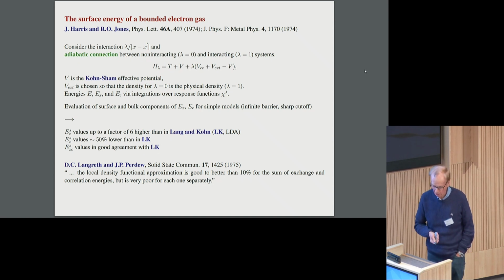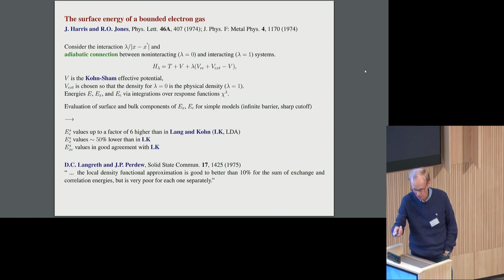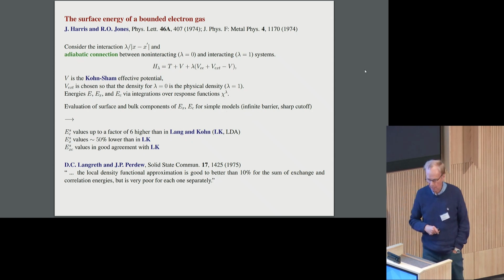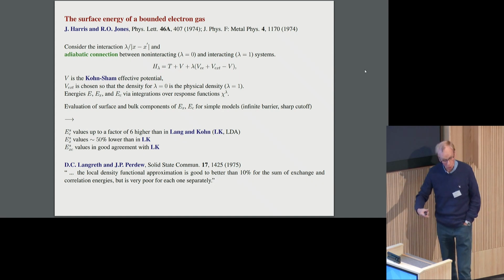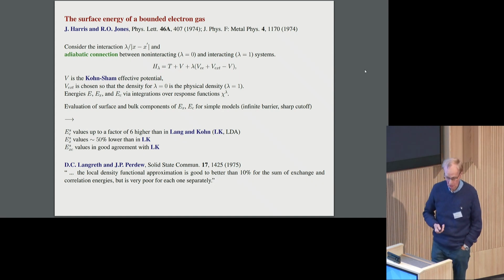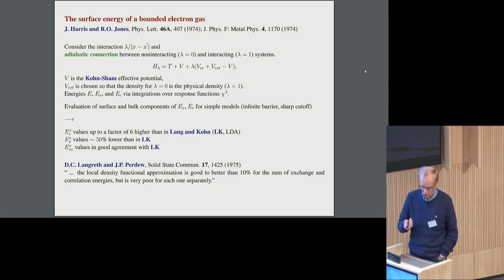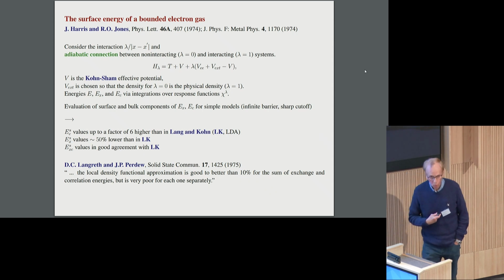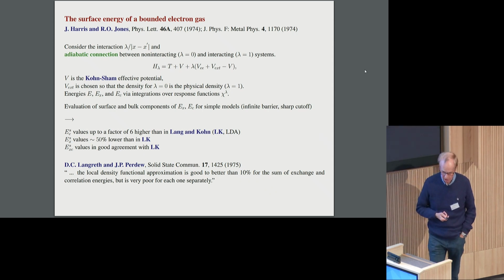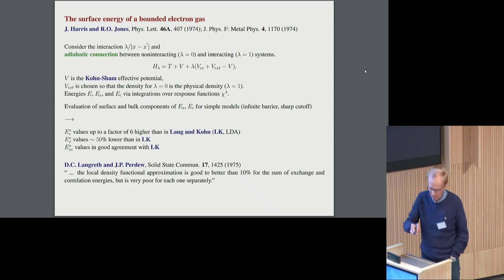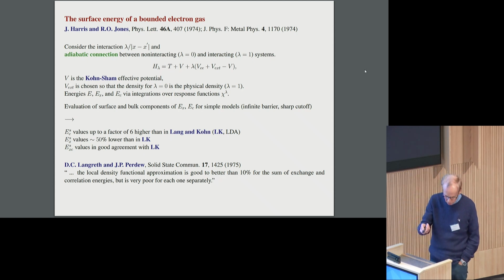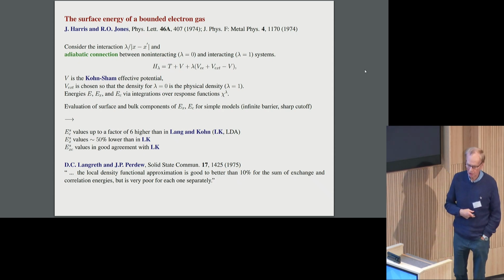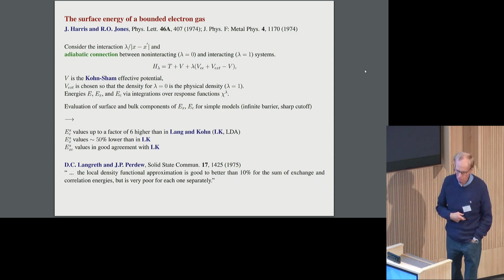For simple model calculations, we looked at the exchange and correlation energy for different simple models, the infinite barrier model and the sharp cutoff model, which were both rather in vogue at the time. What astonished us when this came out was that the correlation energies for the surface energy contribution were about a factor of 6 higher than in Lang and Kohn.